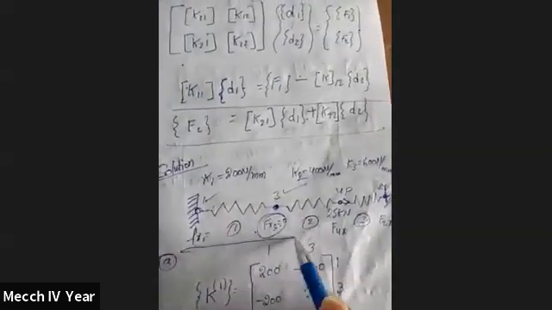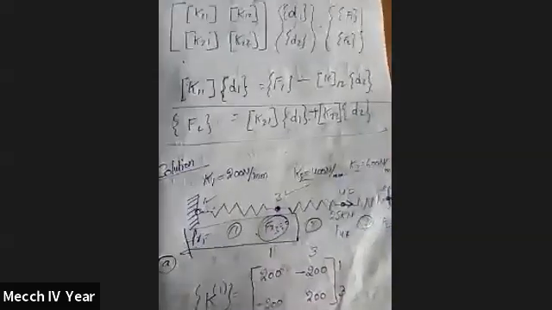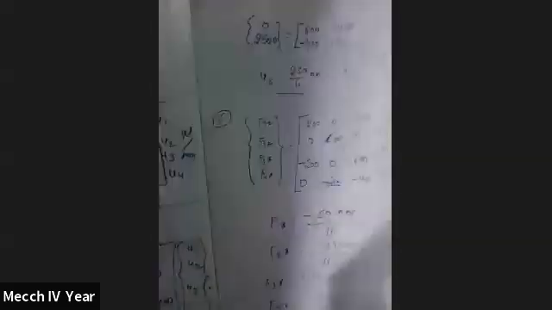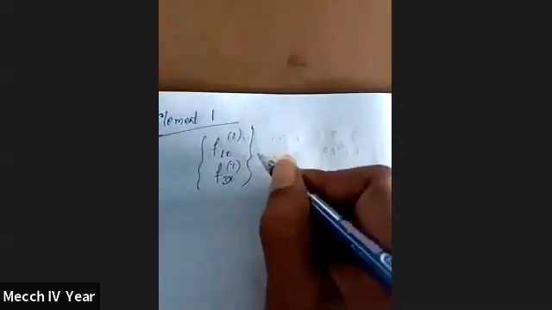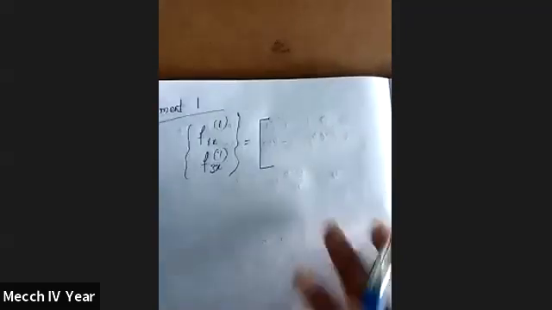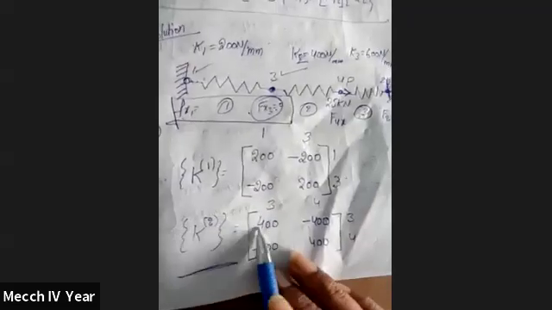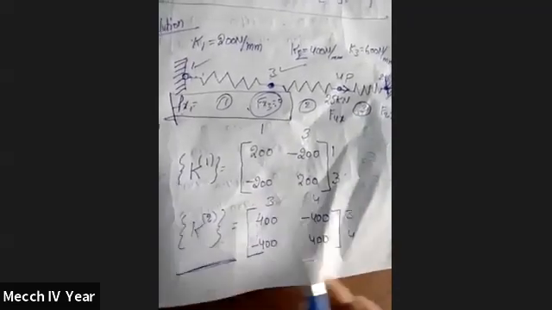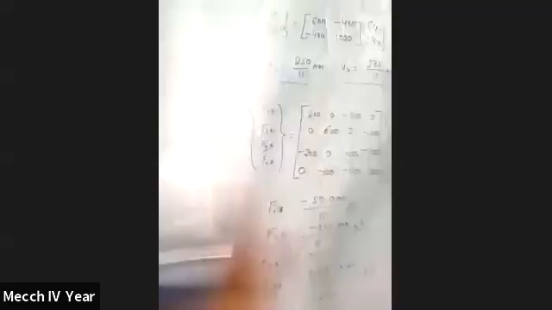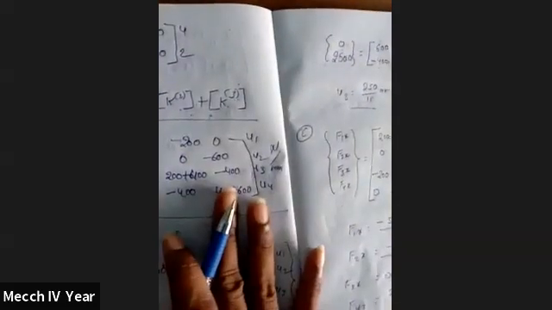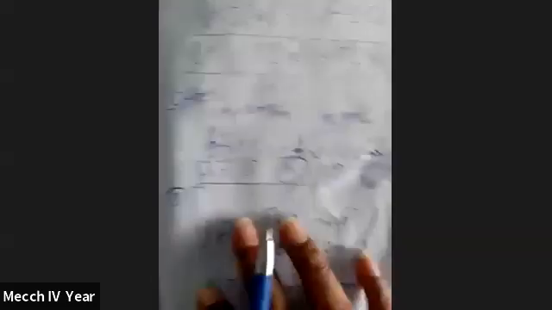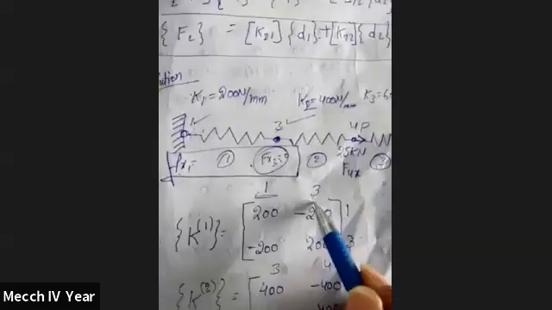So we are going to take this equation now. You see here, 400 minus 400, minus 400, 400. First element, you are going to see 1, 3. So this is 1, this is 3.